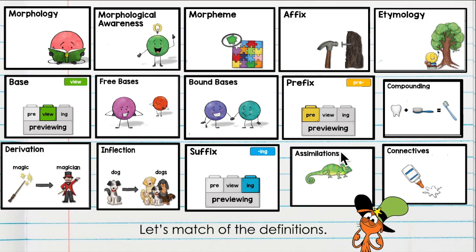And when an assimilation happens, something might change in the prefix or some letters might change in the suffix in order for them to fit to the root word easily. Maybe a letter will turn into a P, or we'll get rid of an I. Something changes in the prefix or the suffix so that it rolls off our tongue nicely.